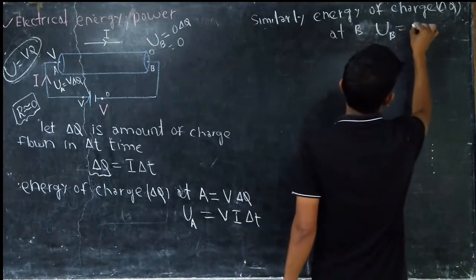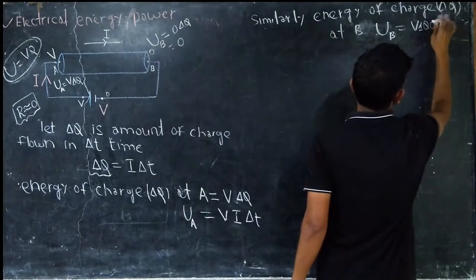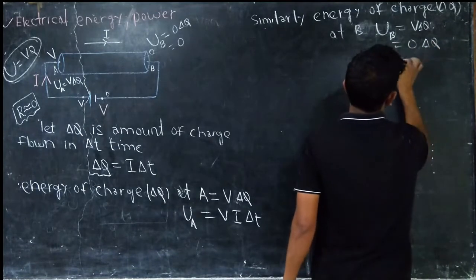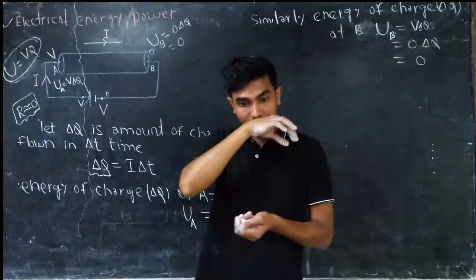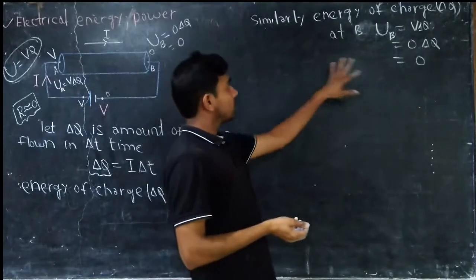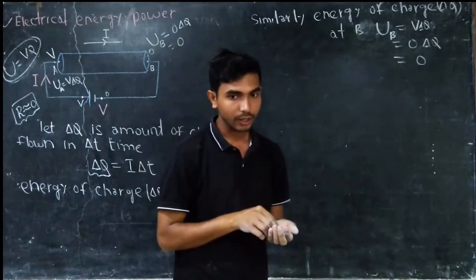And that U_B is equal to V into ΔQ, and V at B is 0, so the value will be 0, right? Yes or no? So this way we are able to write the energy at B and the energy at A.